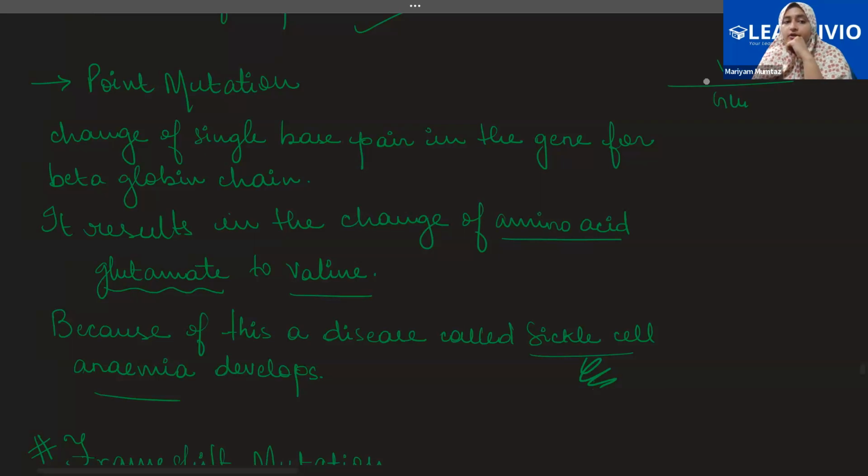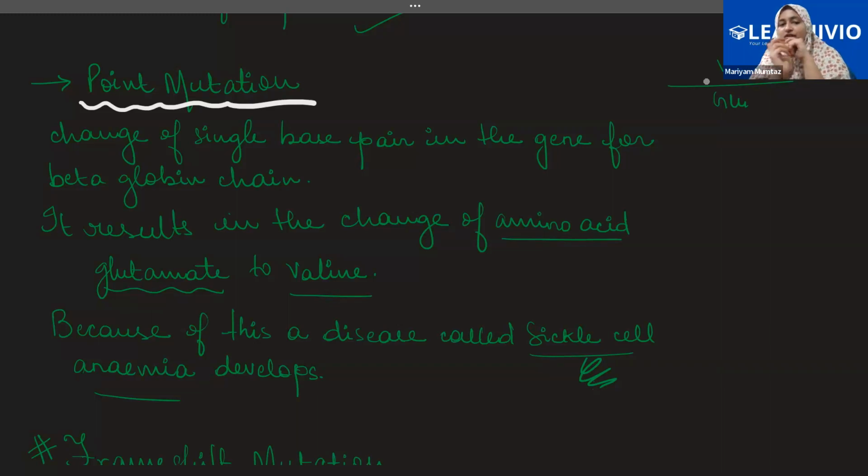Now, an example of point mutation is the disease known as sickle cell anemia. It happens because of point mutation only, because the glutamic acid in the beta globin chain gets substituted by valine.